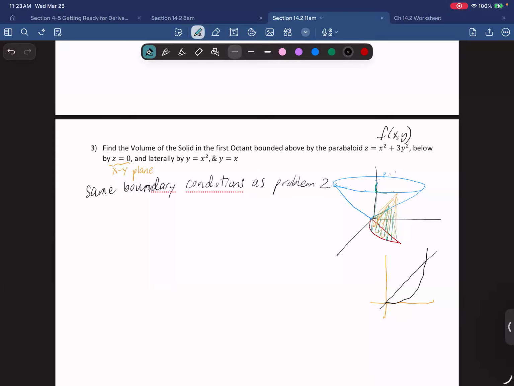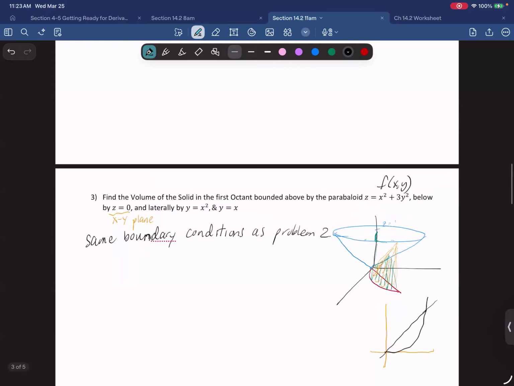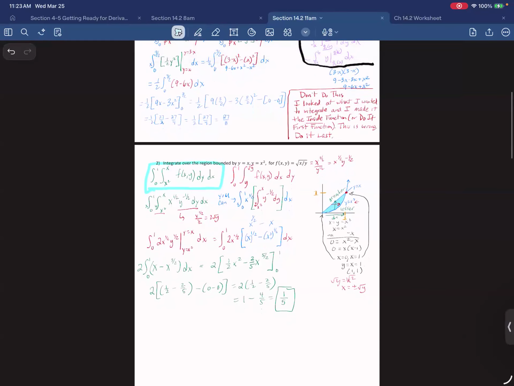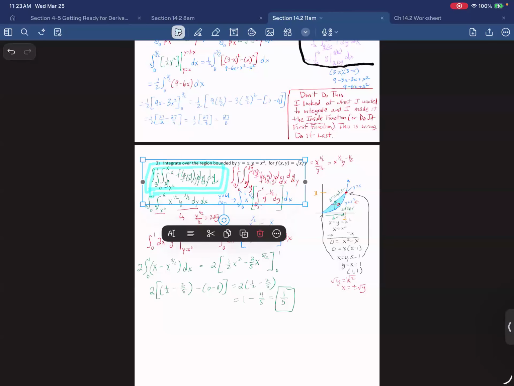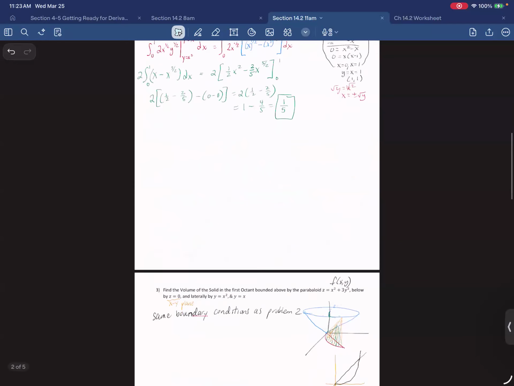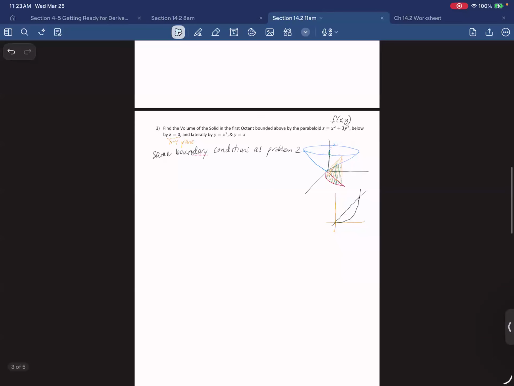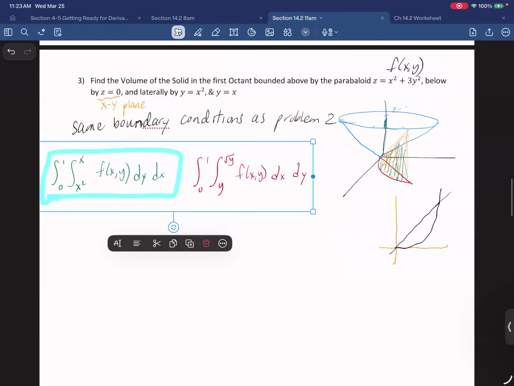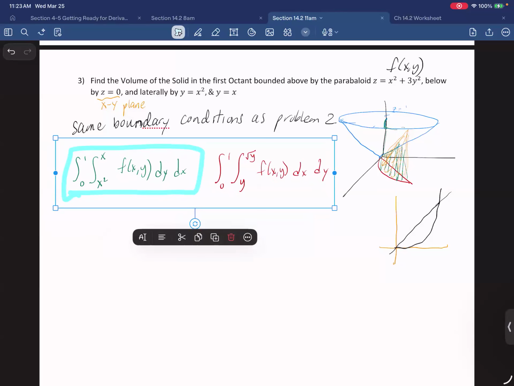Which means we can use either of the setups. In fact, because we wrote f of x, y rather than putting it in right away, I'm going to go copy it. These two both work in this situation. We can do either of these right now.